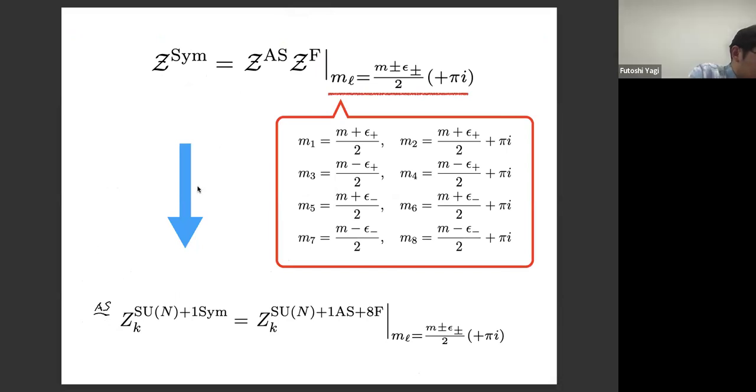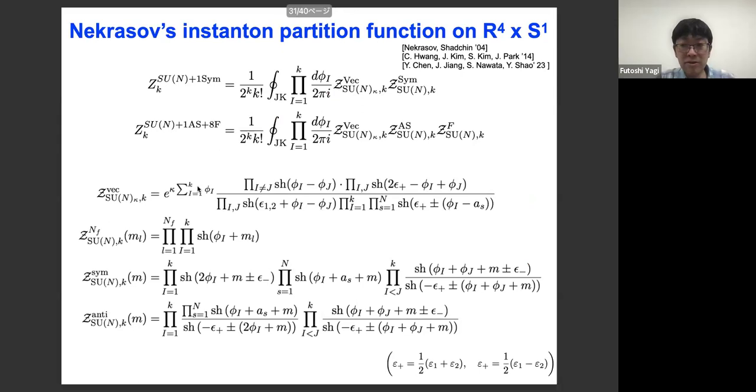As I said, which poles we should pick up is determined by the integrand. So if the integrands agree, it's already the agreement of the Nekrasov partition function.